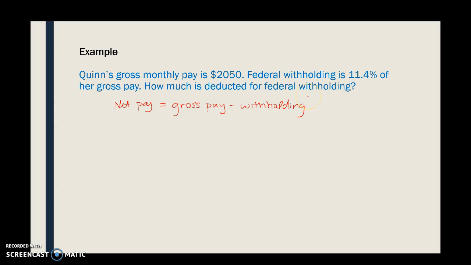In this situation, or total deductions. So her gross monthly pay, I'm going to fill that in, is $2,050, and her withholding is 11.4%. So we need to calculate that.